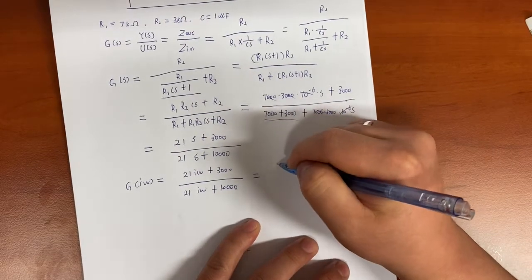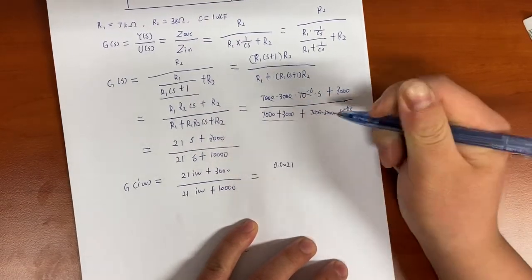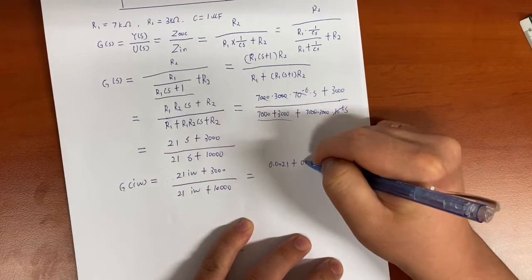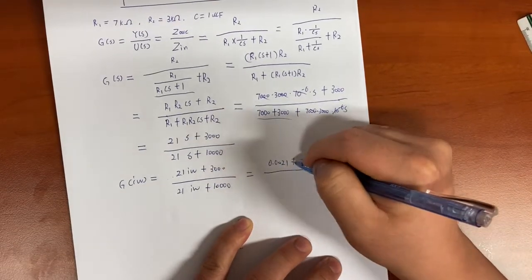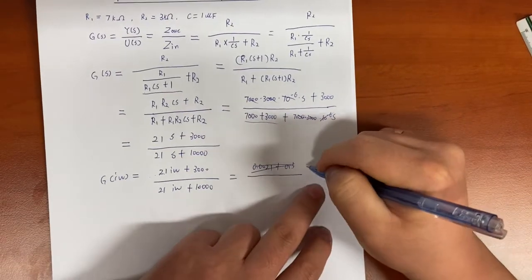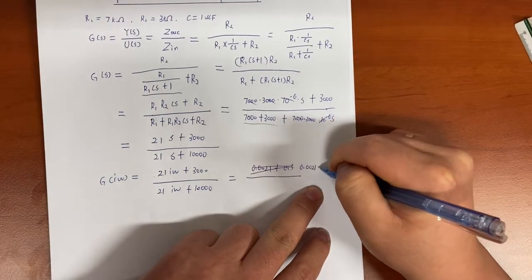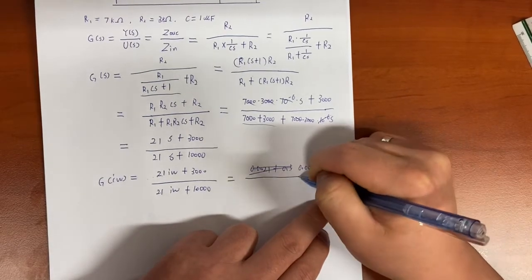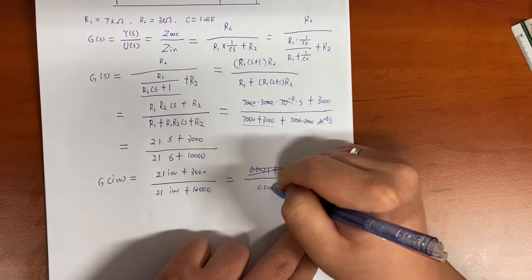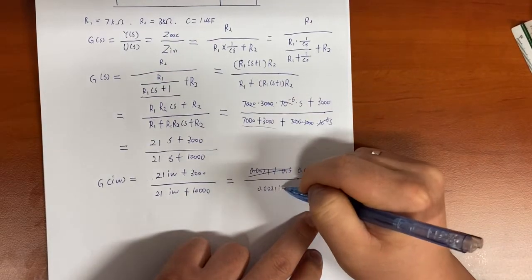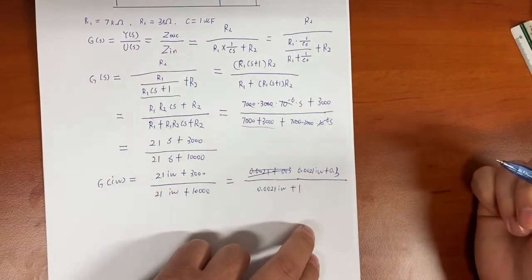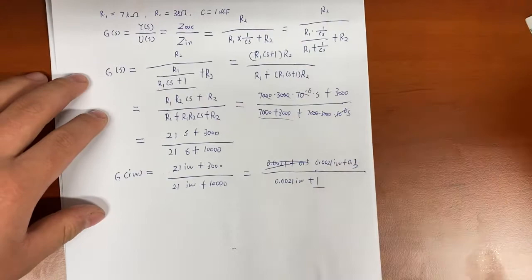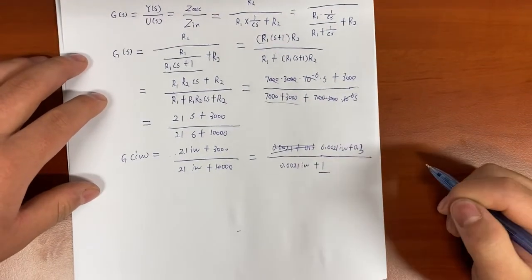Okay, here is 0.0021 iω plus 0.3, and oh, sorry, missing iω here. 0.0021 iω plus 1. So we need to get 1 here, so we divide by 10,000.